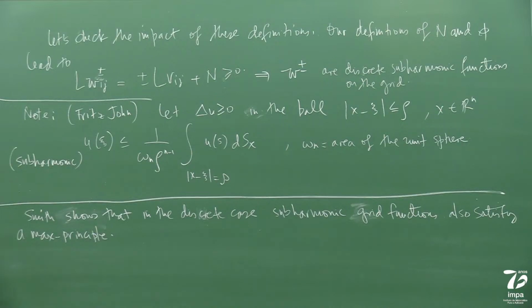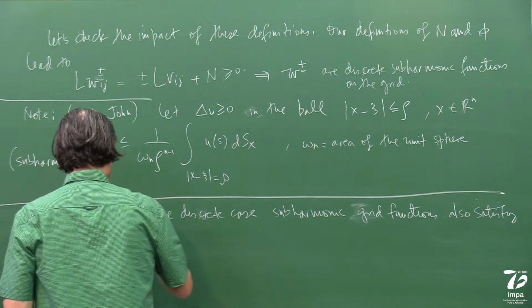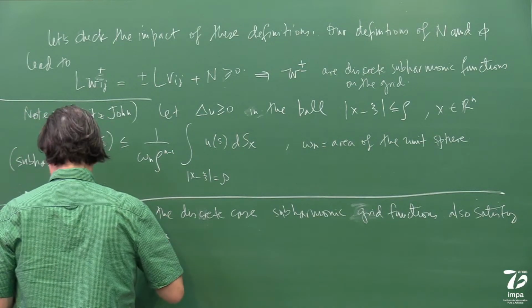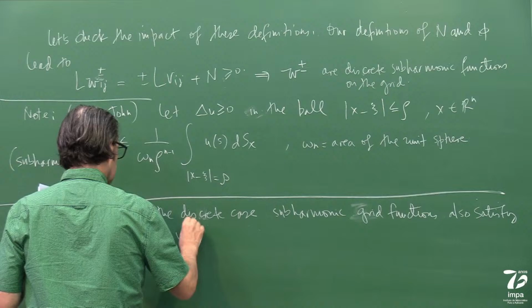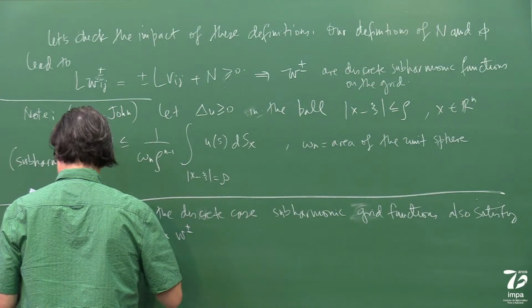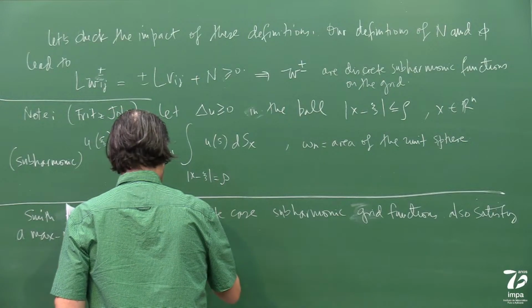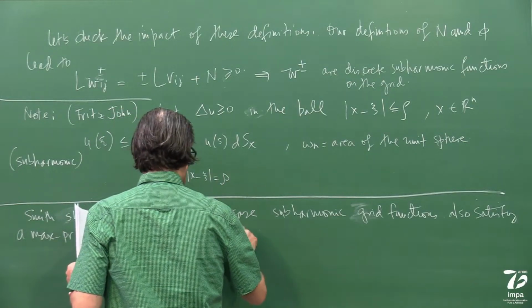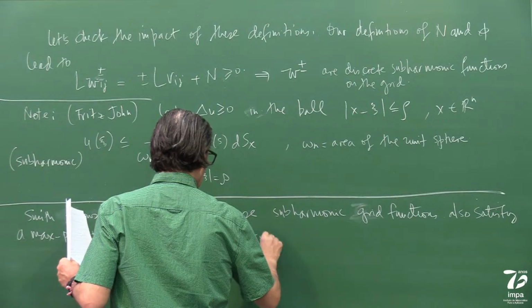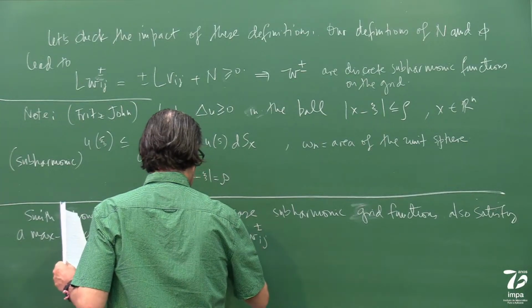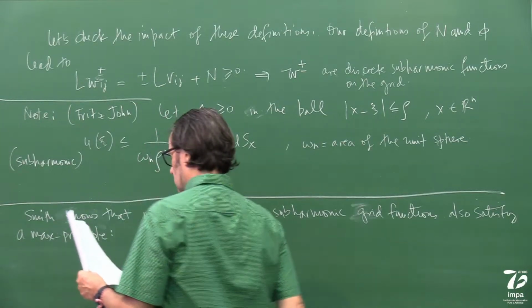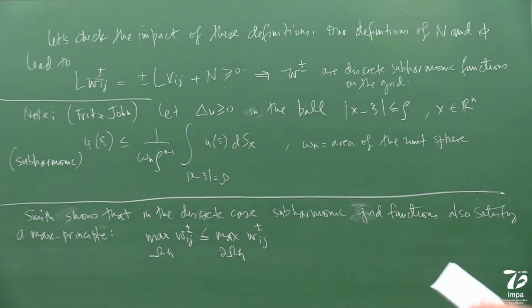Okay, so therefore, that means max of W plus minus in the interior is less or equal than max on the boundary. Okay? And this will basically lead us to the proof.